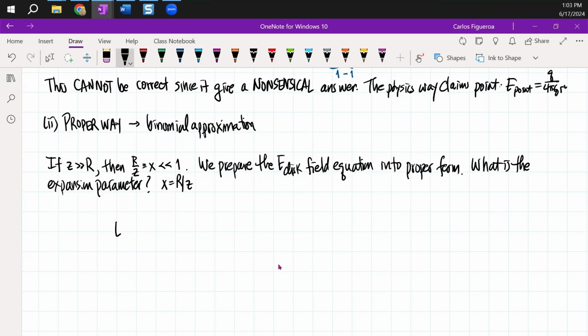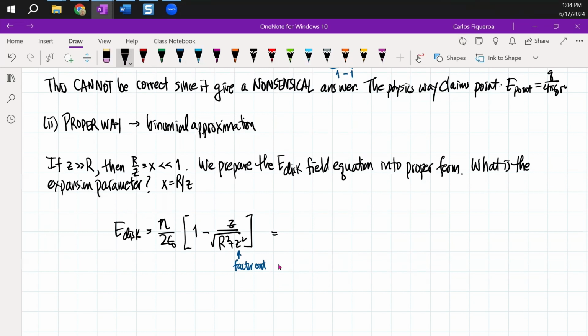So then if I take E of the disk, I'm going to get 2 epsilon naught, and then a term that reads 1 minus the square root of r squared plus z squared, into z. So now what I have to do here is factor out that z factor right there.